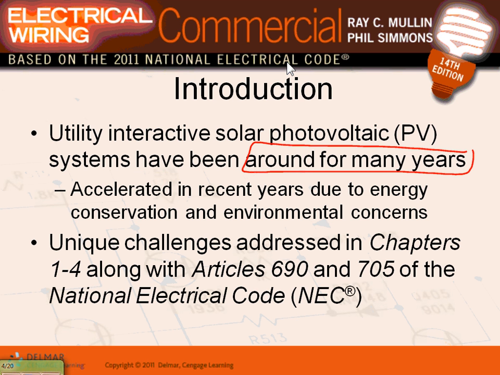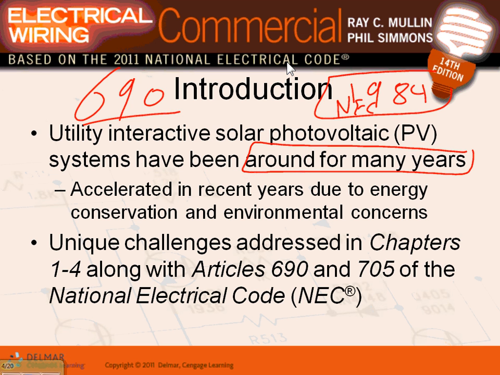In the NEC code book, to my knowledge, in the 1984 cycle is when we introduced the photovoltaic concept into the National Electric Code as an article. And as you know right now, this article is 690, the one that we'll be reviewing in a second.